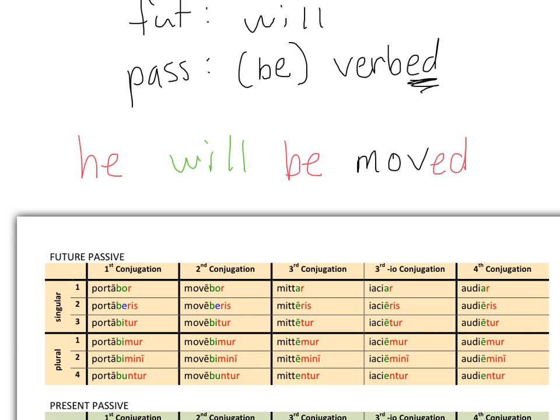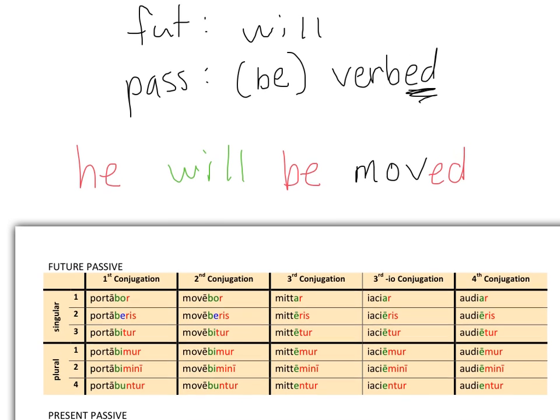So I know he will be moved for that form right there, moebitur. So if I went through that whole conjugation, moebor, I will be moved, moeberis, you will be moved, moebitur, he, she, it will be moved, moebimur, we will be moved, moebimini, you all will be moved, and moebuntur, they will be moved.